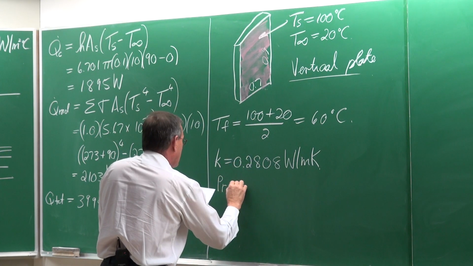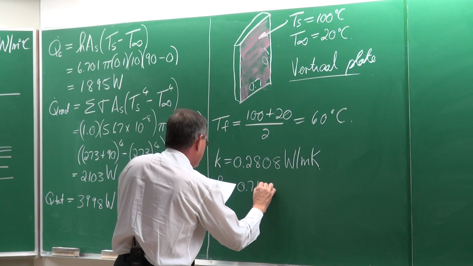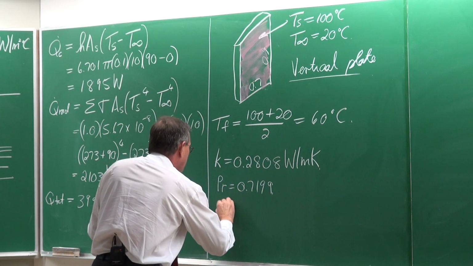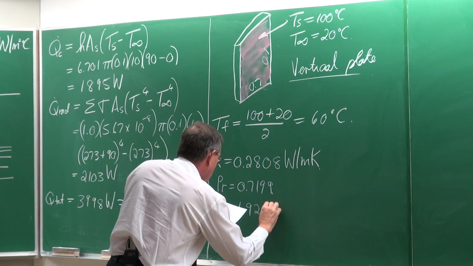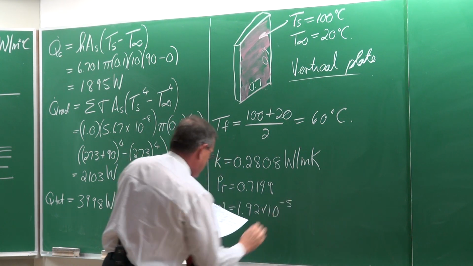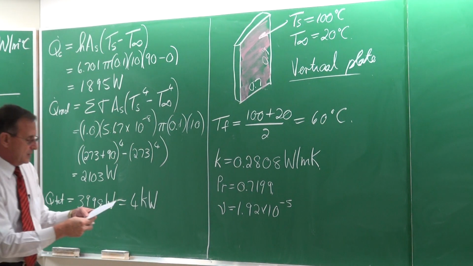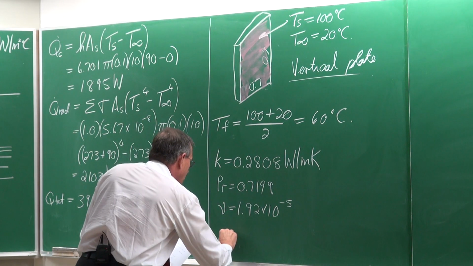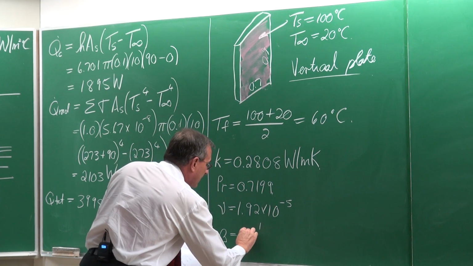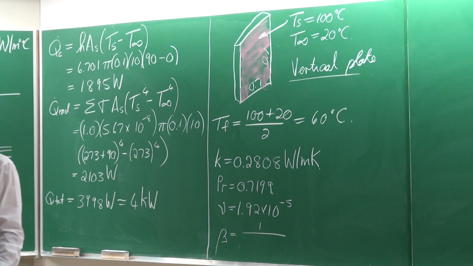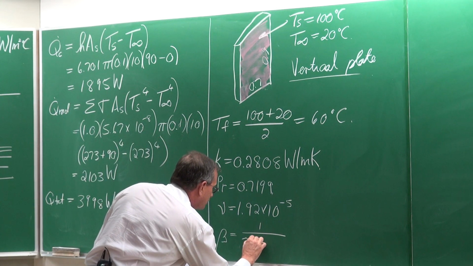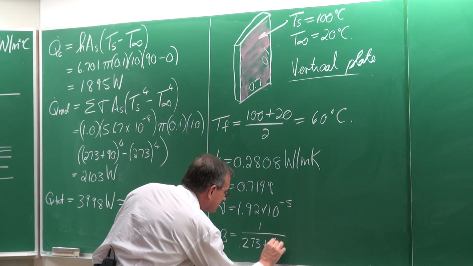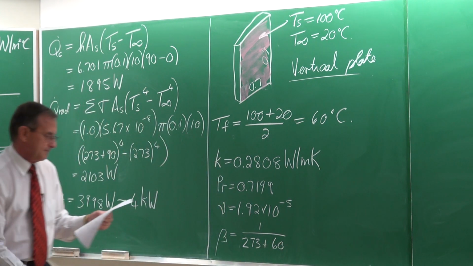Prandtl number is equal to 0.7199. The kinematic viscosity is equal to 1.92 multiplied by 10 to the minus 5. And we need the value of beta. And beta again, because we can say air is an ideal gas, and the values of beta are not given in the table. So we can say it is equal to 1 over 273 plus 60 degrees.